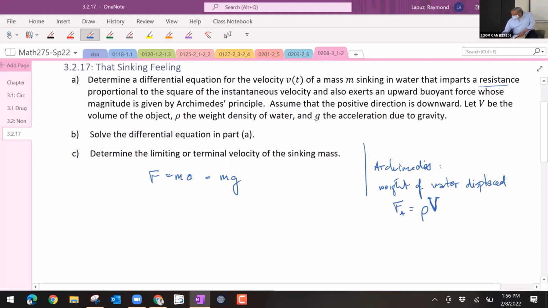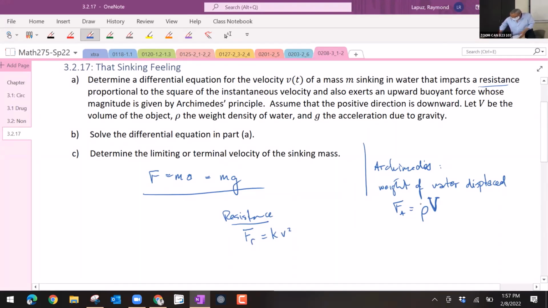So the resistance is proportional to the square of instantaneous velocity. Resistance is also a force, let's call it F sub R, it's k times the square of the velocity, so little v squared. So little v and big V are different.